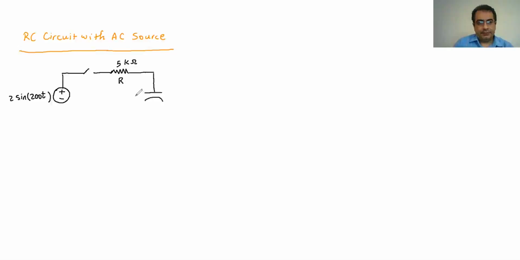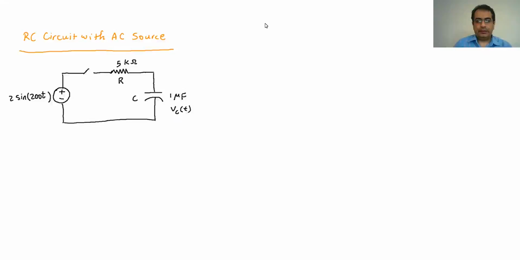This is the C, and it is 1 microfarad, and we know the voltage at this one is going to be VC of t, and then it goes back to the source. So this is what we have.